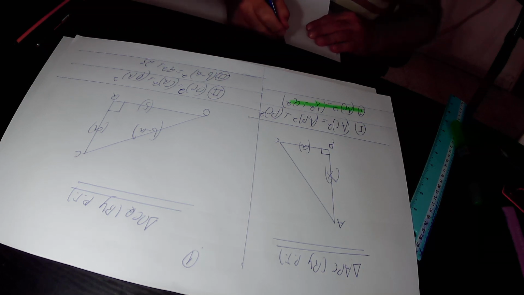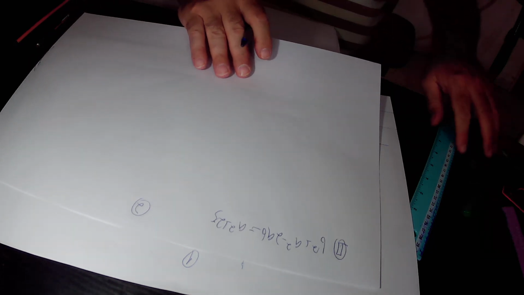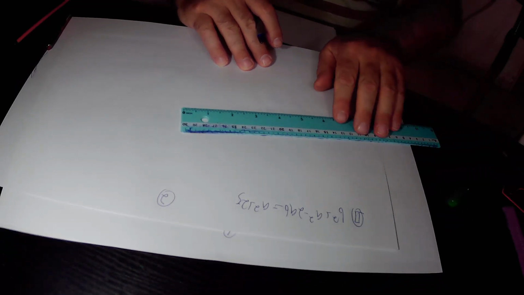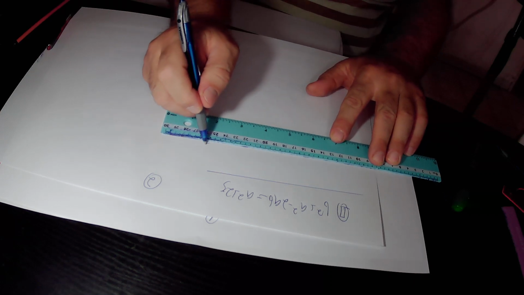(B minus A) squared is B squared plus A squared minus 2 times A times B, and it is equal to A squared plus 25. And again, according to equation 2, B squared plus A squared minus 2AB equals A squared plus 25. So here we have A squared on both sides of the equation, so A squared will get cancelled.